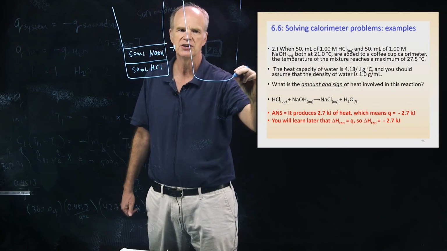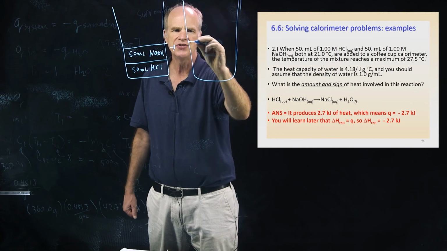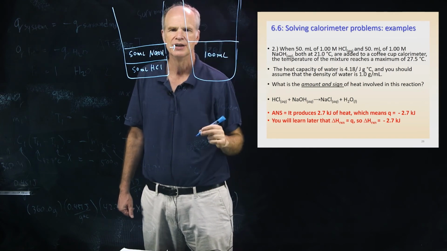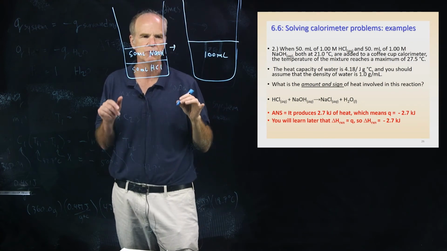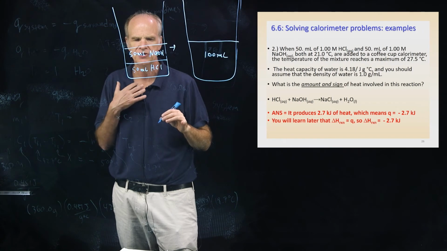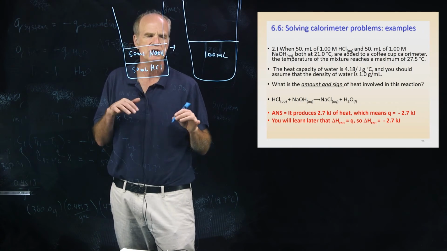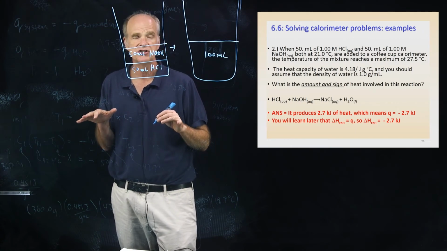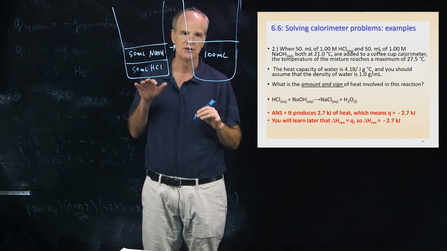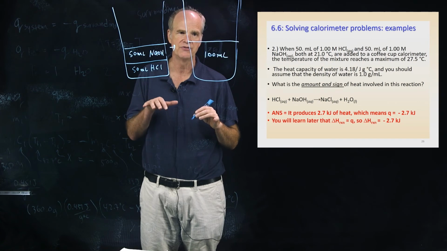So I'm going to draw my coffee cup again. So let's just think of this as 100 mils of solution total. Now, to help us understand what the system is and what the surroundings is, here's, in my opinion, a useful way to think about it. We want to figure out how much heat is being released by the chemical reaction of HCl reacting with NaOH.